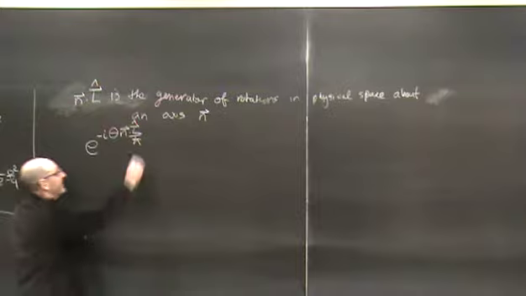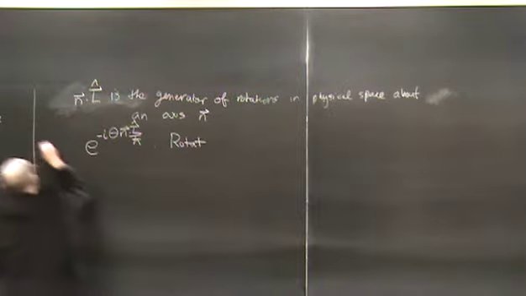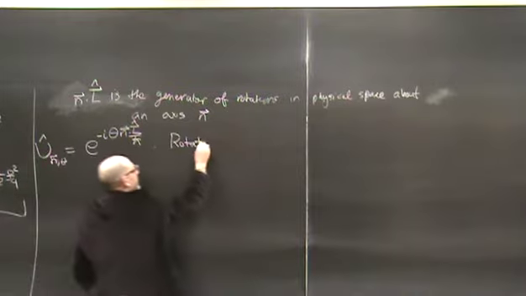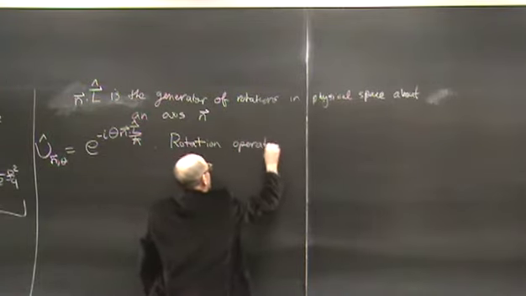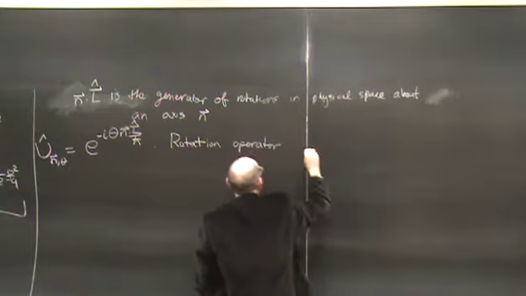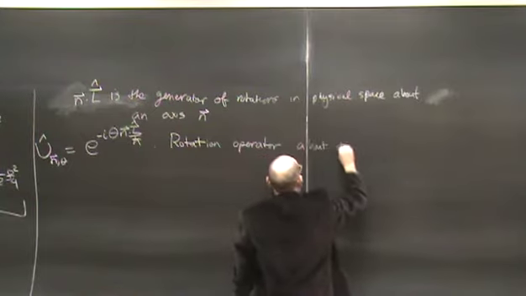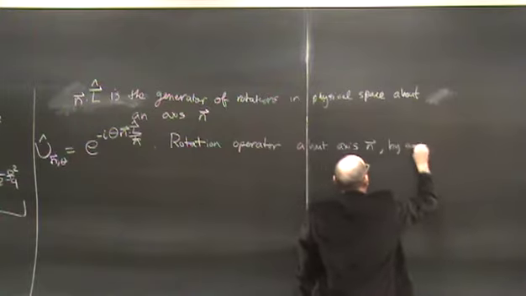Exactly, thank you. So this is the rotation operator, I'll call it U, for an axis and an angle. This is the rotation operator about axis n by angle theta.